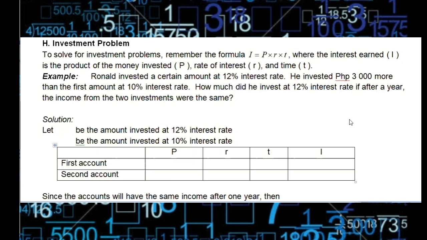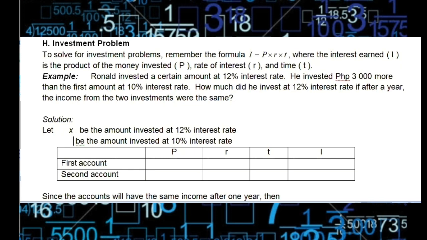So, what are we looking for? We're looking for the amount of money he invested at 12% interest rate. So, that is our x. So, he is x. Put him here. And then, how are you going to represent the amount of money he invested at 10% interest rate? If x is the representation for the 12% interest rate, then, as the problem says, the 10% investment is higher by 3,000 than the earlier account, the one he invested at 12%.